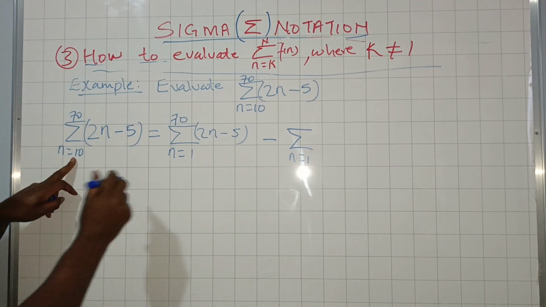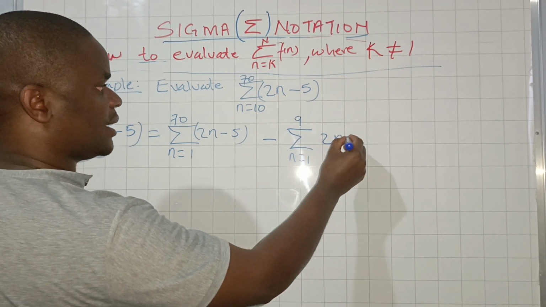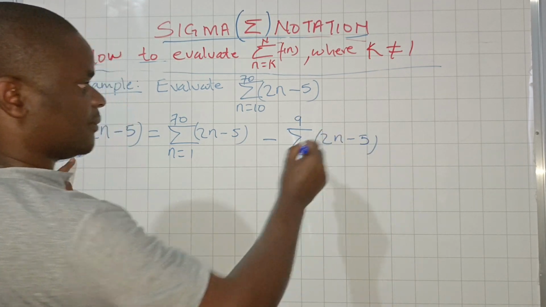This is a k, 10 minus 1, which is a 9. So this is 2n minus 5.